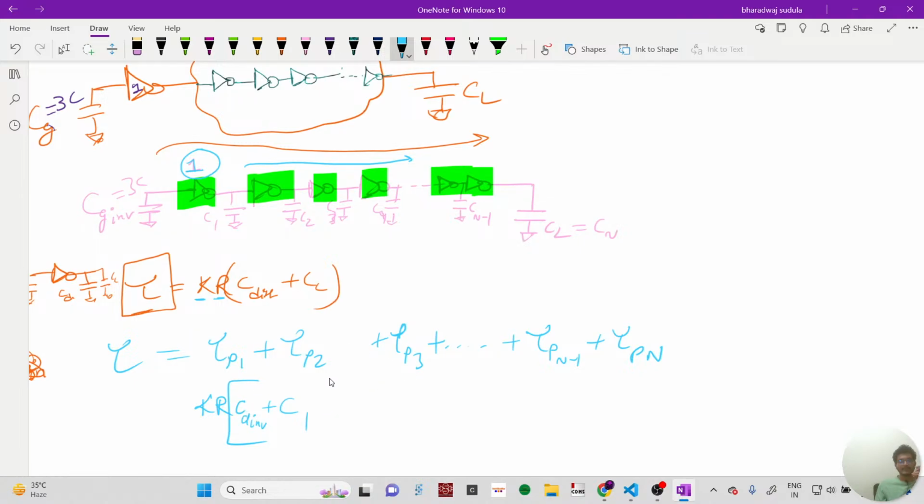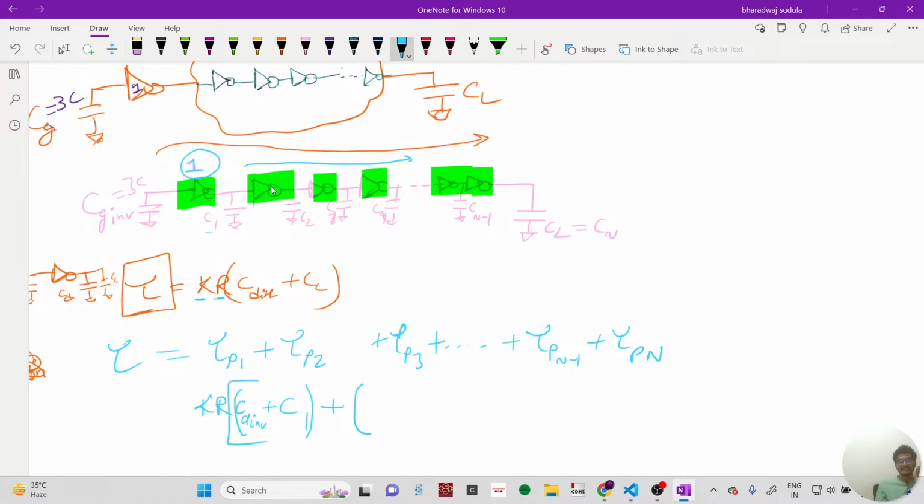Okay, and for this inverter, the diffusion is CD inverter and the load is C1. I wrote those: this is for the first inverter and this is for the second inverter.